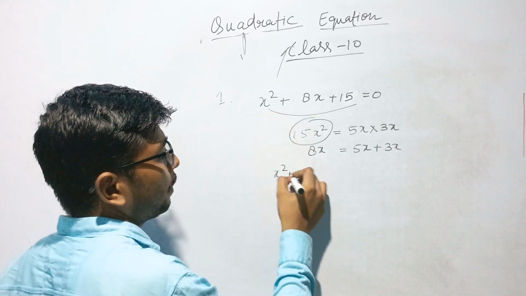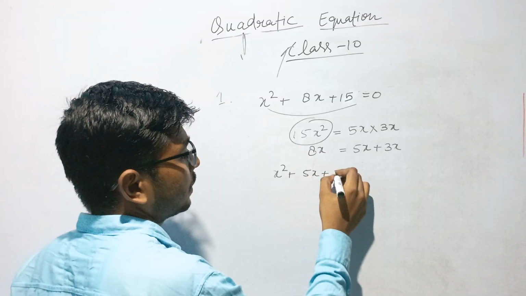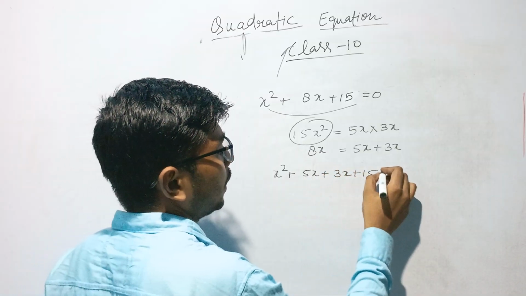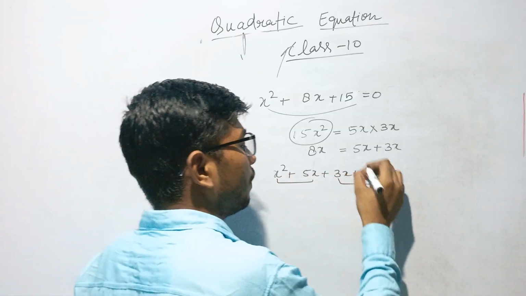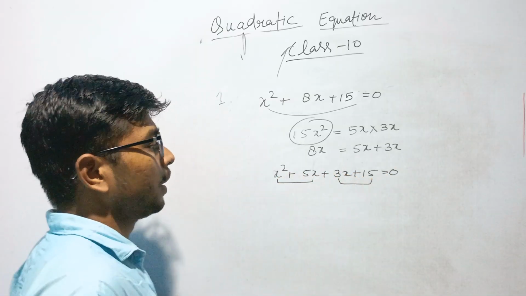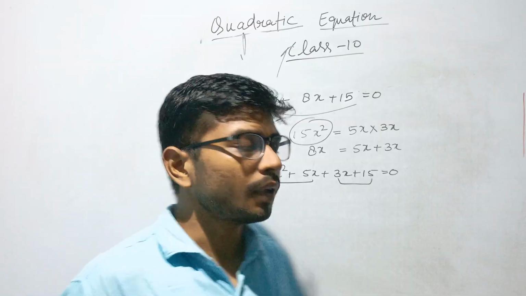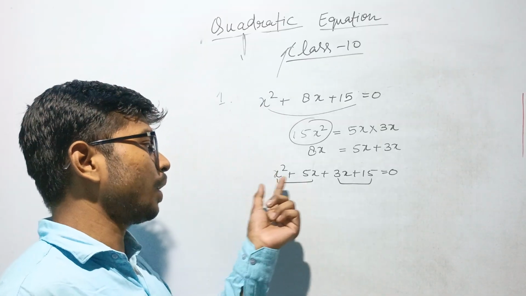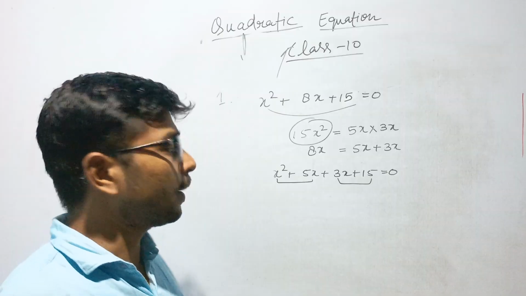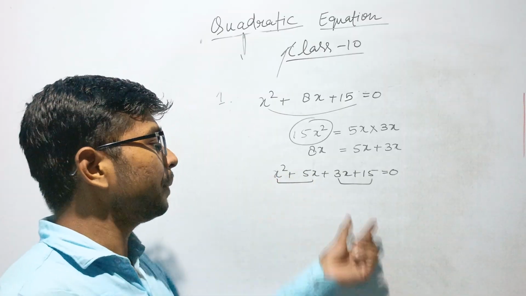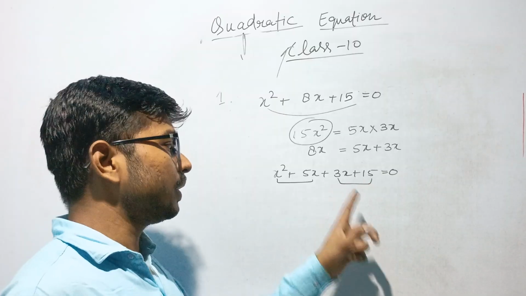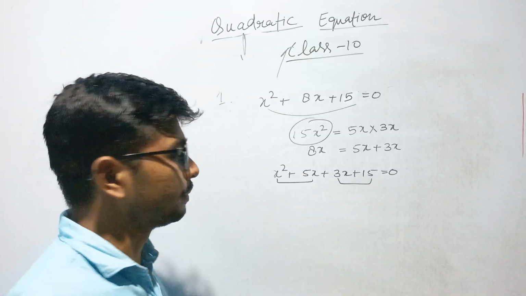So x square plus 5x plus 3x plus 15 equal to 0. We already learned how to make pairs and take common. From the first pair, x square plus 5x, we can take common x. See, x is available in both terms. From here what can we take common? 3 is available in both terms.